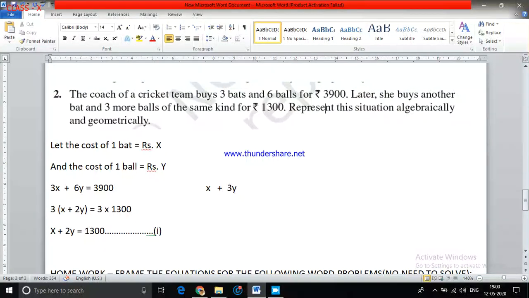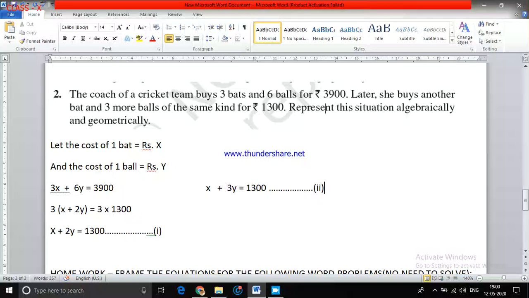So these 4 things, that's why I am adding, will be equal to 1300. x plus 3y equals 1300. Now I cannot take anything common. So that's why I call it equation number 2. Understood? How to get the linear equations in 2 variables using the given question.